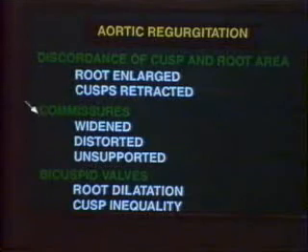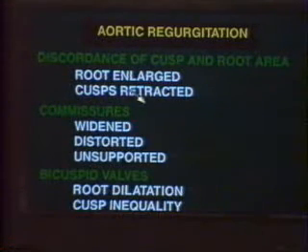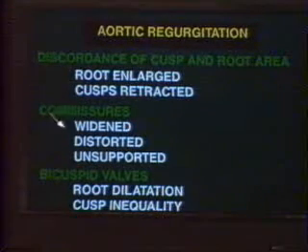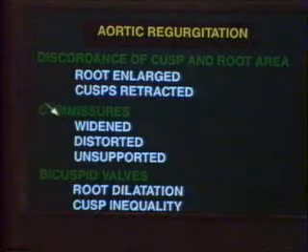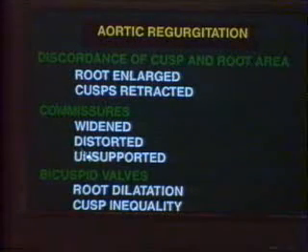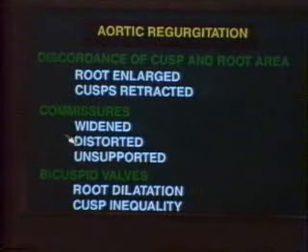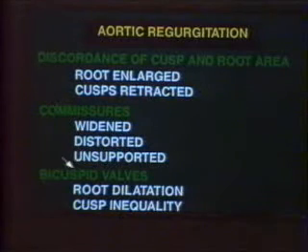The other thing we want to look at are the commissures. We want to determine if they are widened, if they are distorted, or if they are unsupported, resulting in prolapse of one of the aortic valve cusps.